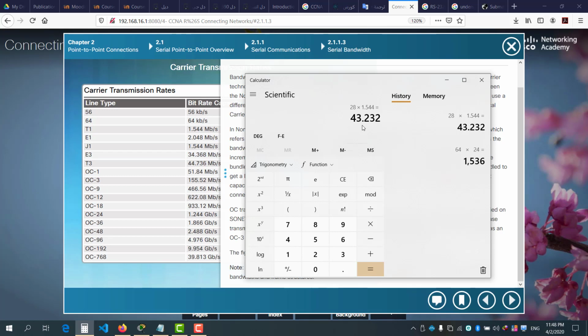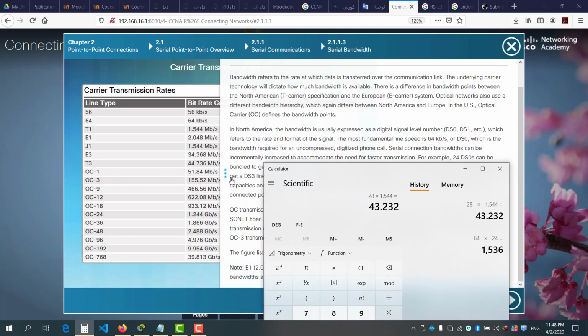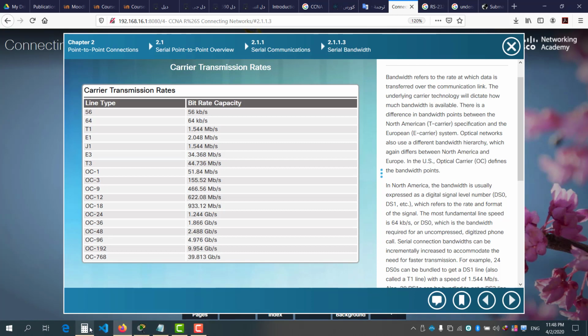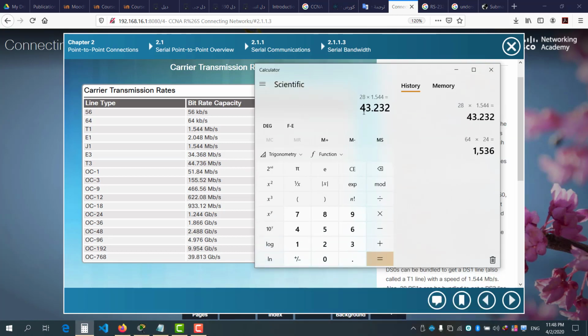We have 43.232. Then we compare this result with T3, which is approximately 44.736.